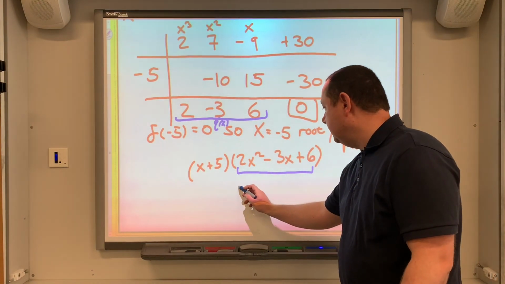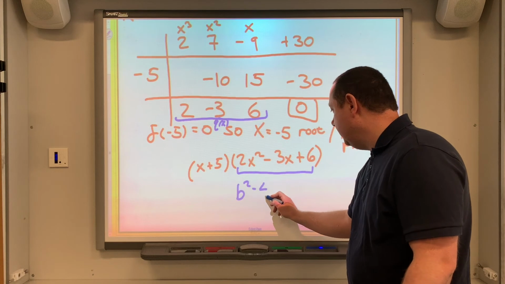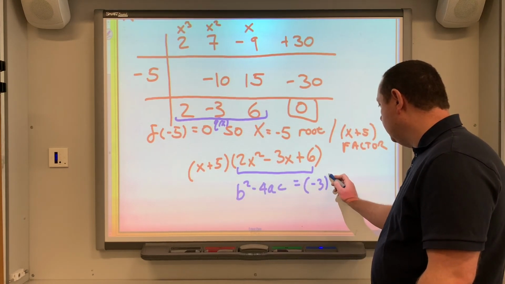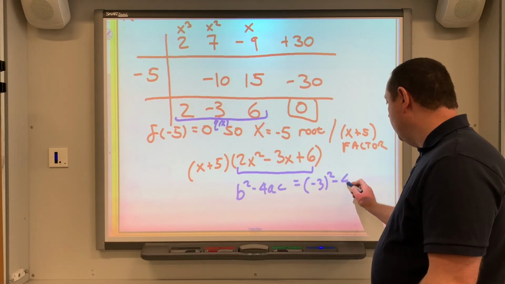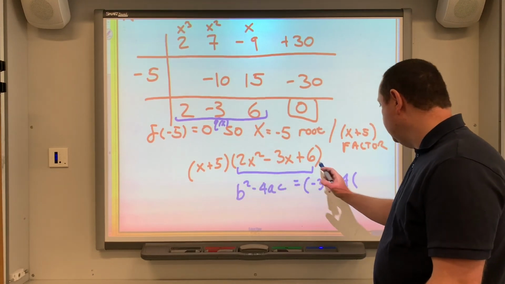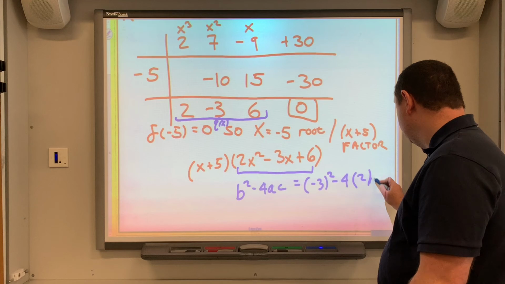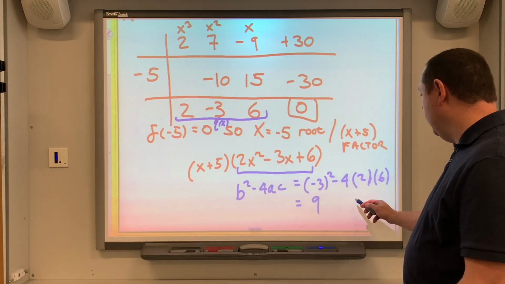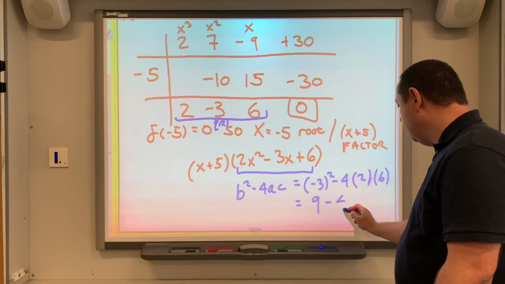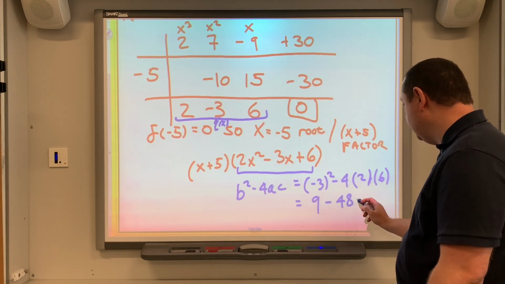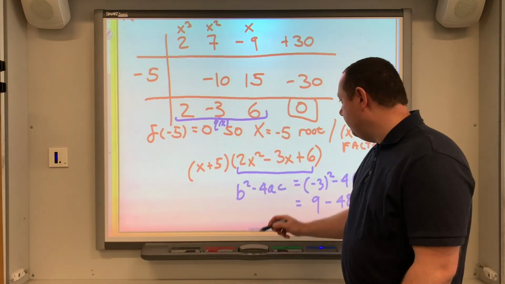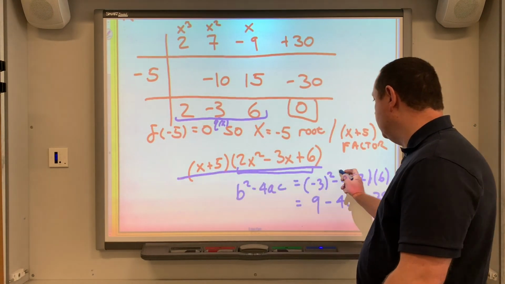Let's do that instead. b squared minus 4ac. Well, that's minus 3 squared minus 4 times 2 times 6. 9, 4 2s are 8, 8 6s is 48. 9 minus 48 is clearly negative. So since that's negative, we've fully factorised it, and there's the final answer.